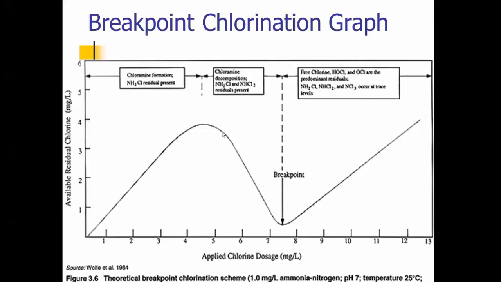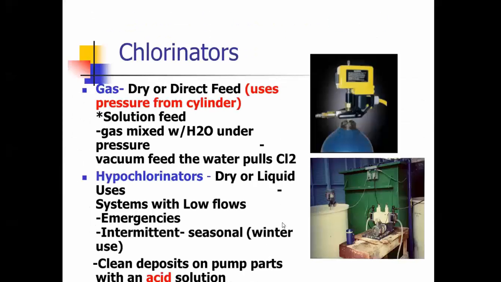So what you need to do is add more chlorine to reach break point. A lot of times you're going to want to take a free chlorine residual, and a total residual if you get those types of complaints. But on the test, if it's the swimming pool one, it says you need to add more chlorine to reach break point.